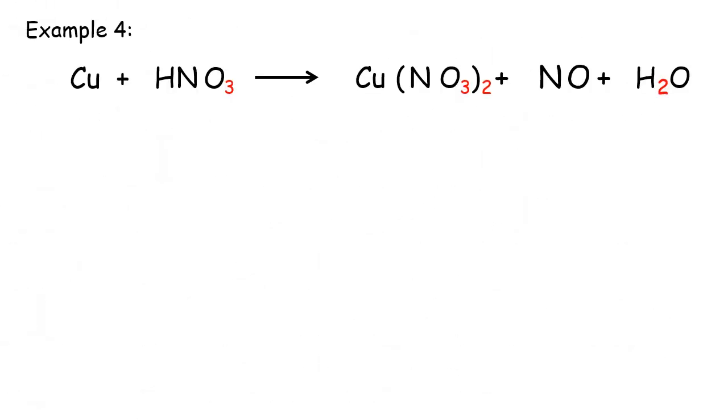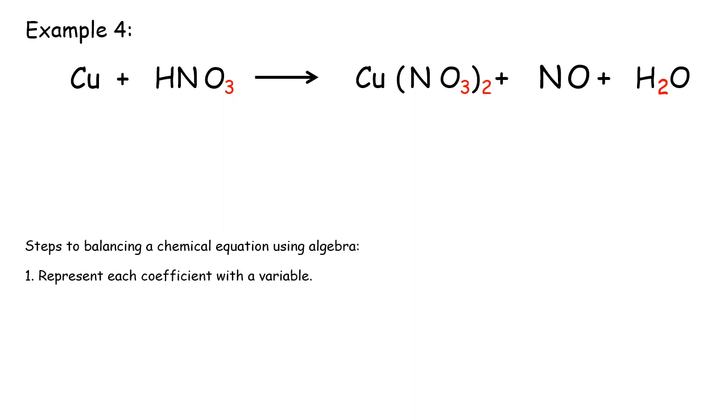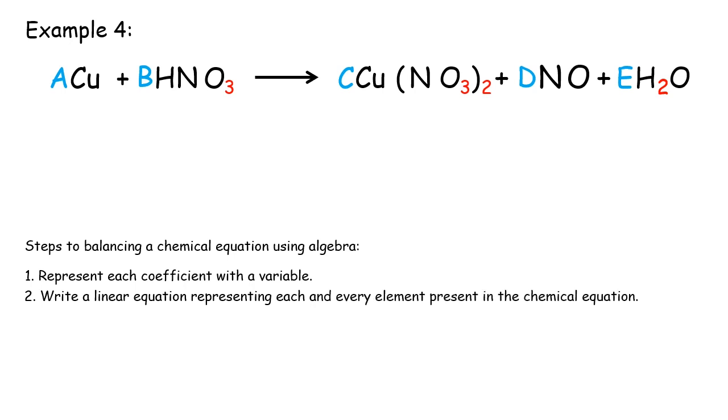The first thing we need to do here is to represent each coefficient with a variable. In this example we are going from left to right using the letters A, B, C, and so on. Next we are going to write a linear equation representing each and every element present in the chemical equation.